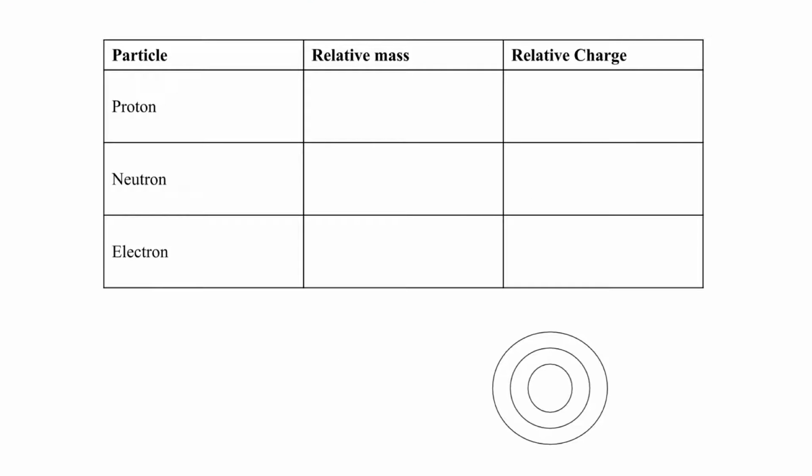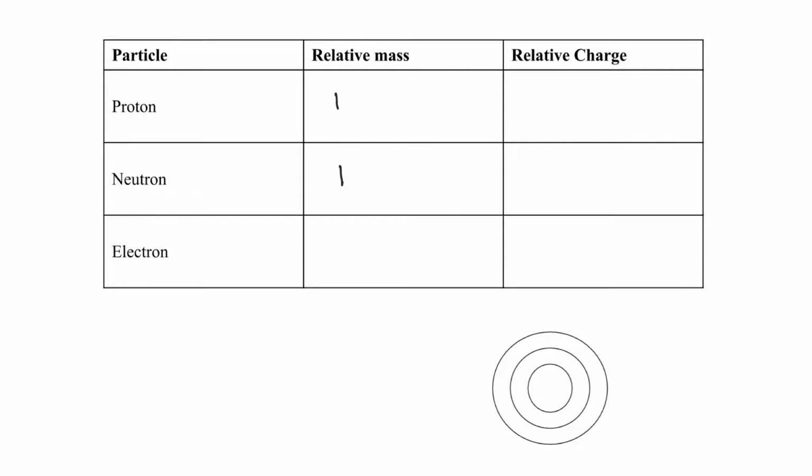So we need to know a little bit more about these subatomic particles. Now, firstly, protons and neutrons have both got a relative mass of 1. So relative masses compare the mass of one object to another. So what that's telling us is that protons and neutrons have got a mass that is about the same.